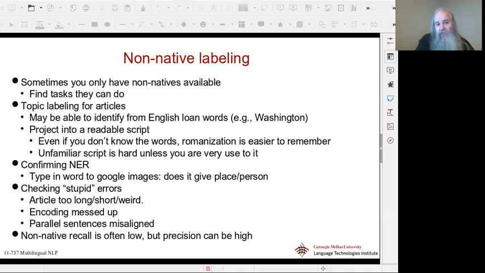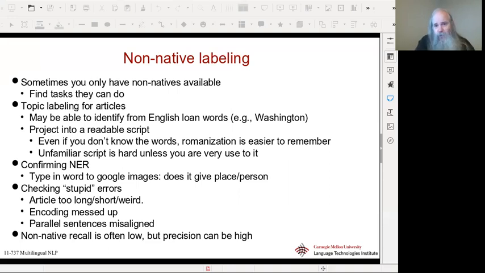Okay, and that is surprisingly reliable, and Google is indirectly collecting that information, and you can do it in the native script. In fact, it's better to do it in the native script because there's more likely to be a strong accuracy between the actual written form and the pictures.